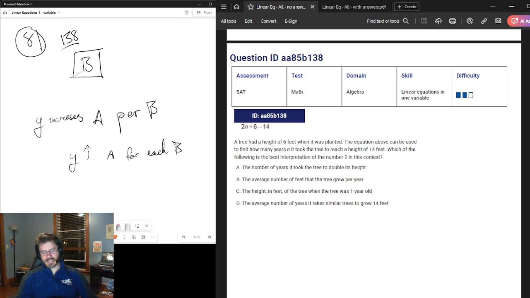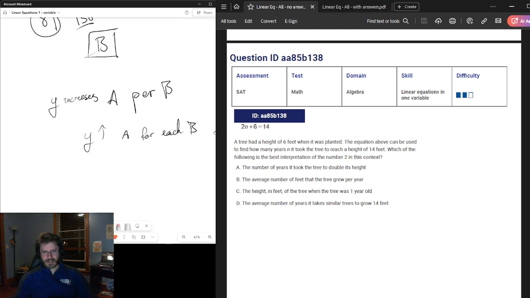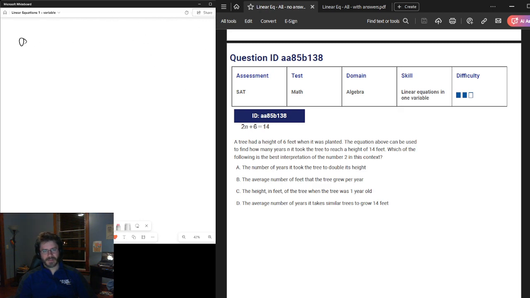That means A is like the slope here, per year. The height when it was 1 year old, that's the y-intercept. The average number of years it takes to grow 14 feet, we don't know anything about that. So it's got to be B.